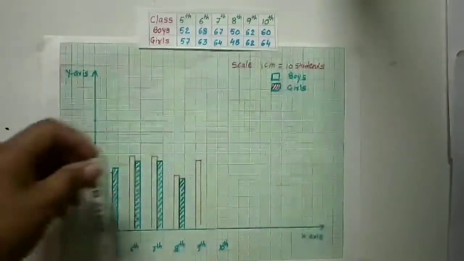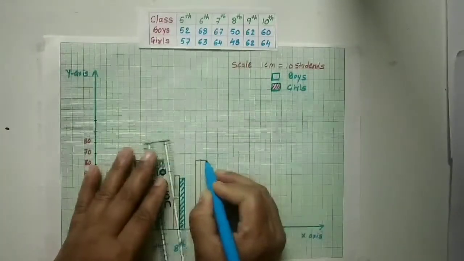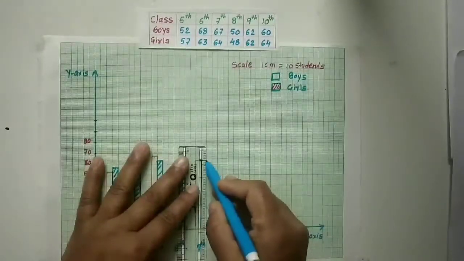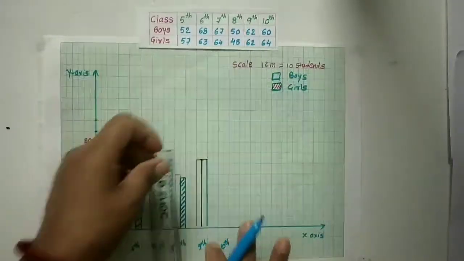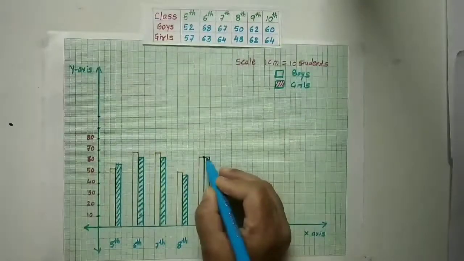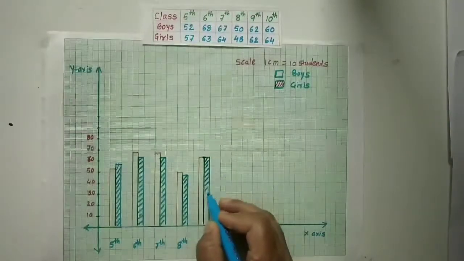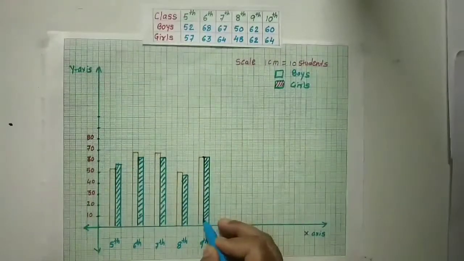And girls also same. 62 only here. While drawing the graphs, use a pointed pencil because these lines are in millimeters. So if your pencil is not pointed, it is very difficult to mark the marks or whatever information is given.